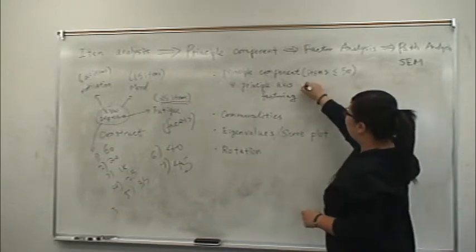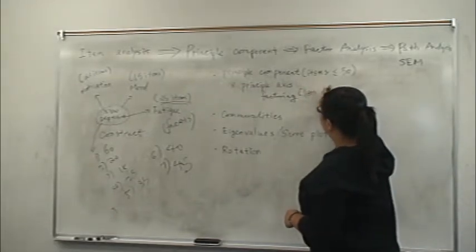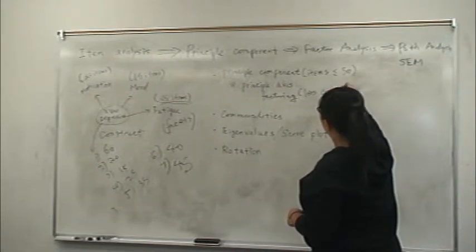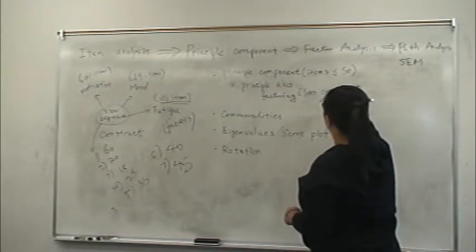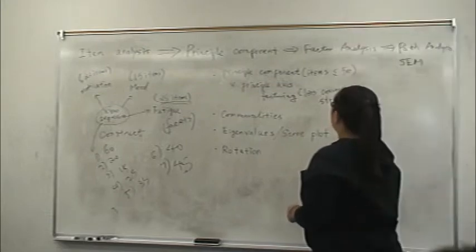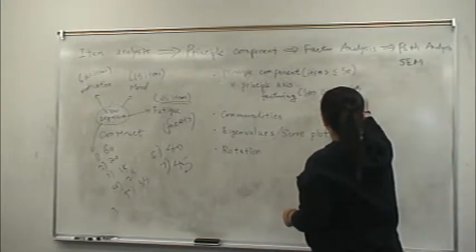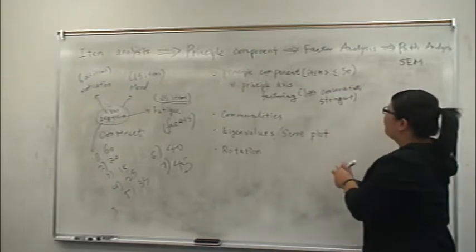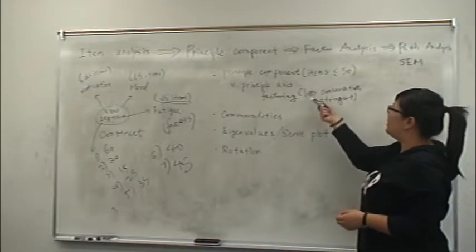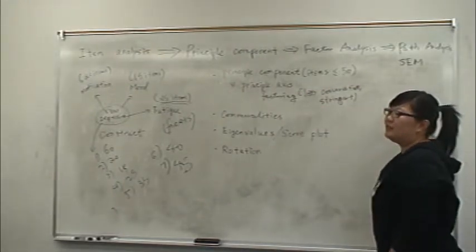So you can know that this one is less conservative and less stringent. Stringent. When it's more than 50 items, you use the principal axis. That also means that this one is less conservative and less stringent.